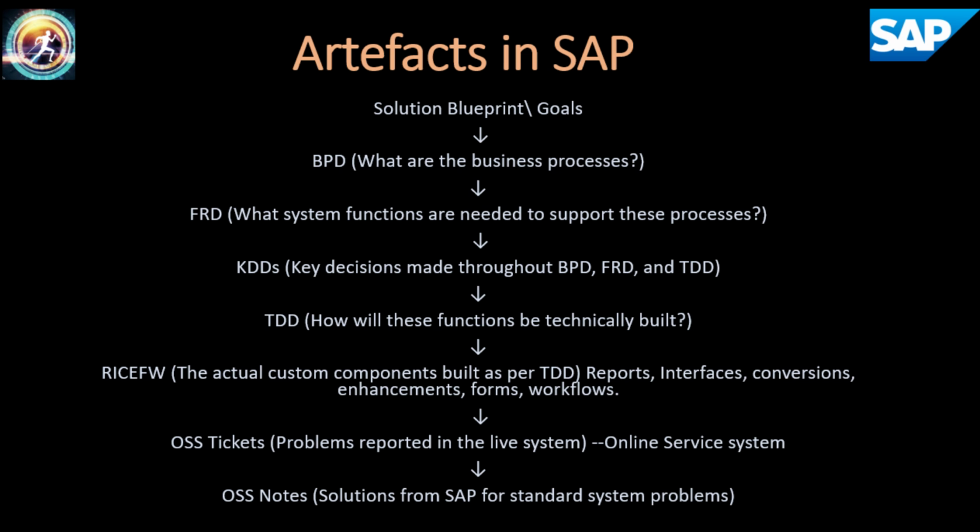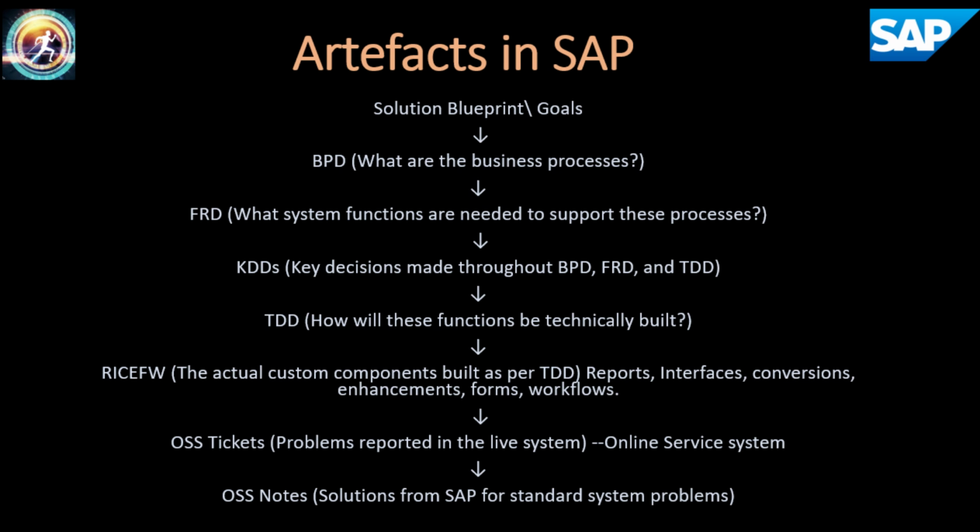Once the solution blueprint is ready, then comes the BPD, the business process design document. This is one step more detailed than the solution blueprint in terms of business process. We have the business requirement, they want this particular thing to be done, so now we sketch out the business process.